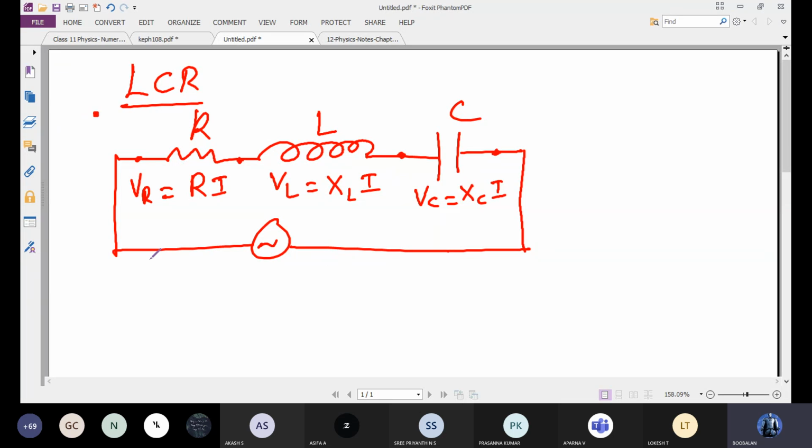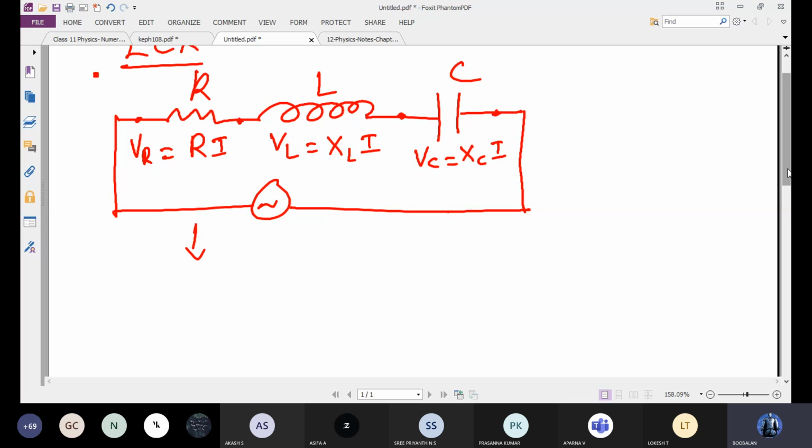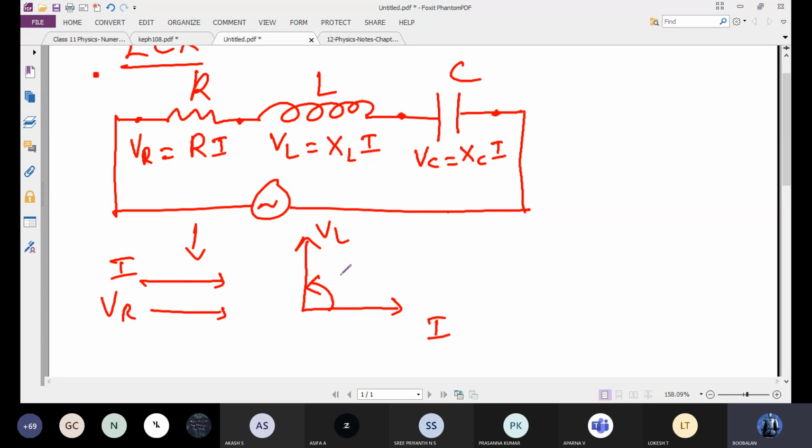Okay. Now for the resistance, the I value and the VR value are in the same phase. Potential VR and I are in the same phase. But what about L? The difference is pi by 2, no? VL and I differ by pi by 2.